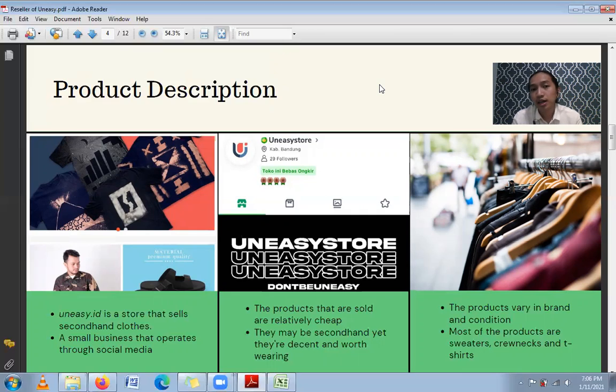The Uneasy store is based on Tokopedia, Shopee, and also Instagram. So we don't use an actual store to sell our products, but we use social media instead. The products in this shop can vary.